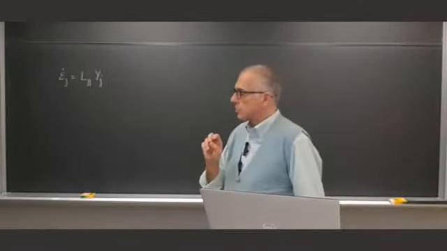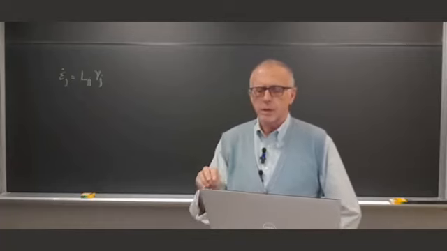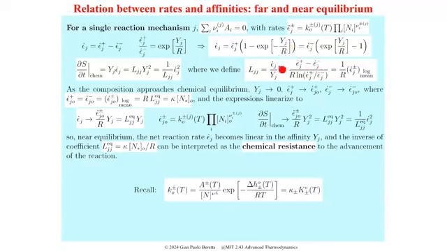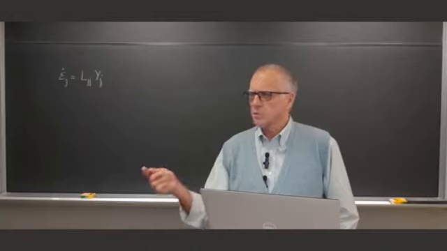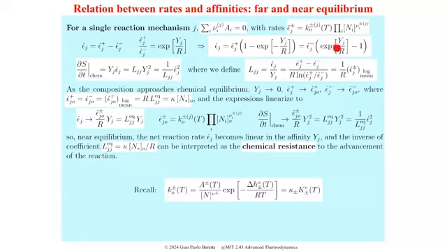Now we are interested in seeing what happens if we are near equilibrium. You know that at equilibrium, the affinity is equal to 0. So if we approach equilibrium, so the affinity is small, positive or negative, but small, then we can linearize these expressions here. e to the minus x, the first linear approximation is 1 minus x, or e to the x is 1 plus x.